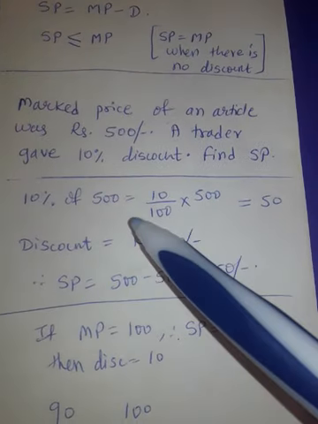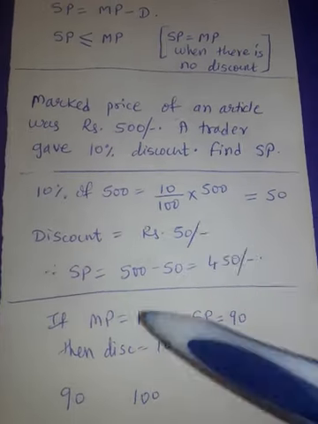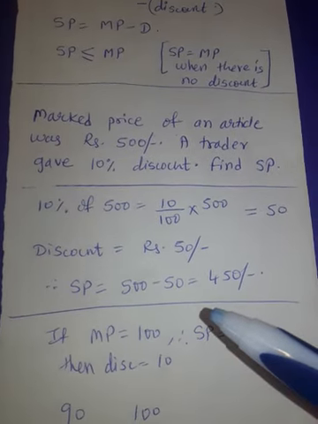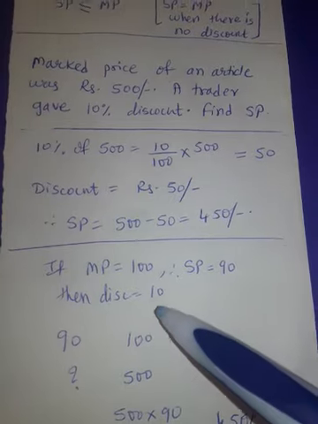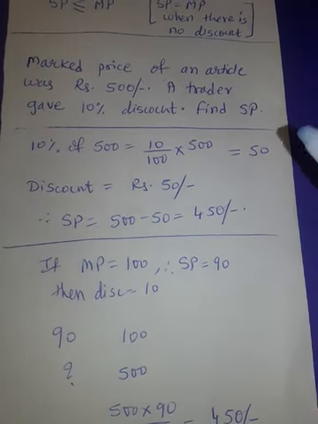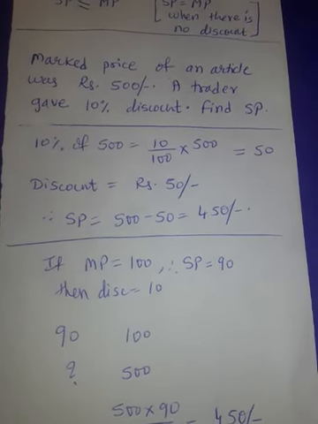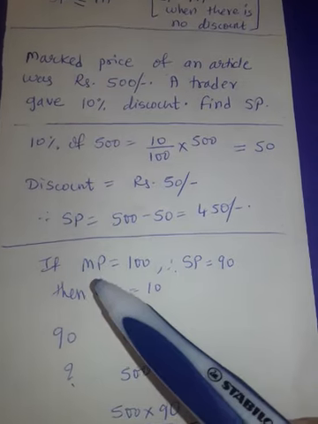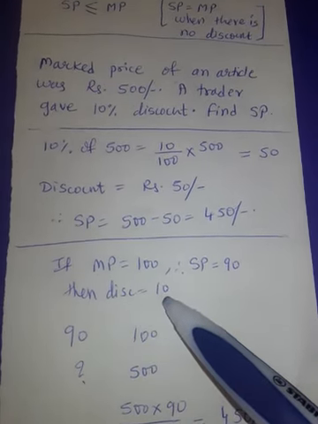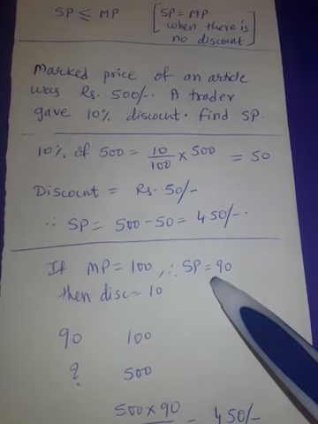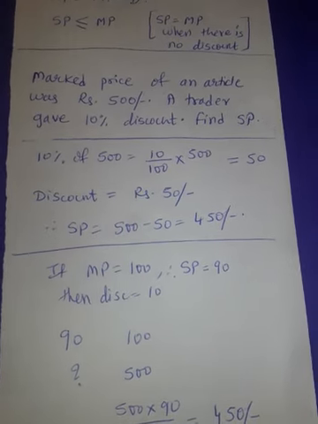If you don't want to find the discount, can you directly find the selling price from the mark price? See how. What is meant by 10% discount? Percent means per 100. That means if mark price is 100, then discount is 10 and hence selling price becomes 90.